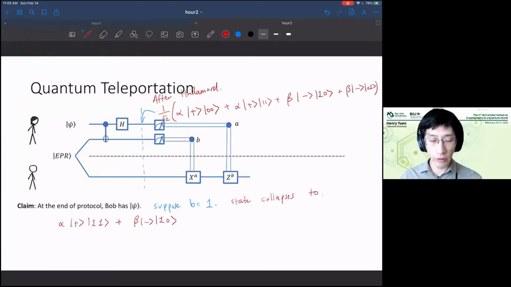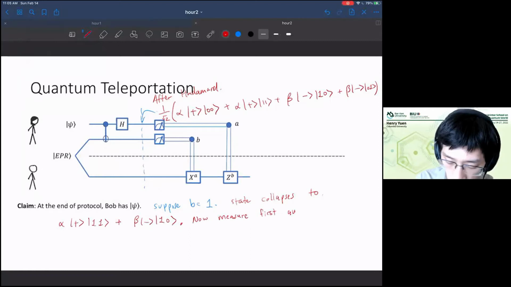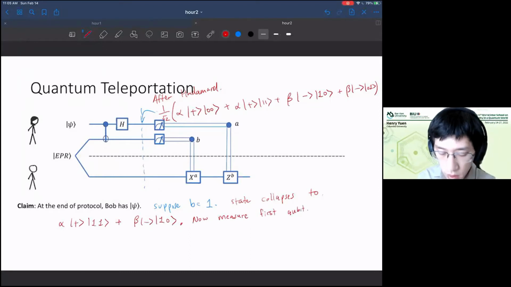What happens when we measure the first qubit? Okay, so this state is now much easier, we have fewer terms, so we can actually write out what it is in the standard basis.